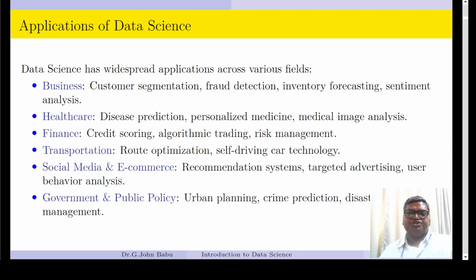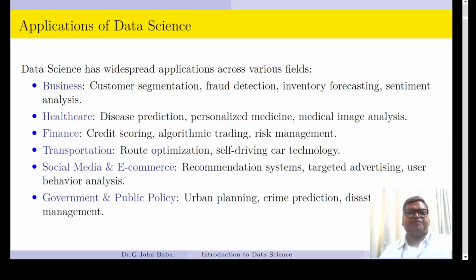Not only that, based on your personalized history and medical record, the algorithms will recommend personalized medicine. Medical image analysis, like scans, MRI, CT scans: if you analyze these images, the disease can be predicted with high accuracy, provided the data is available.